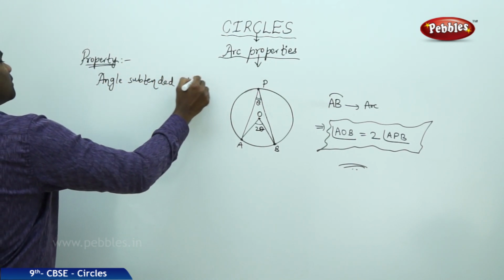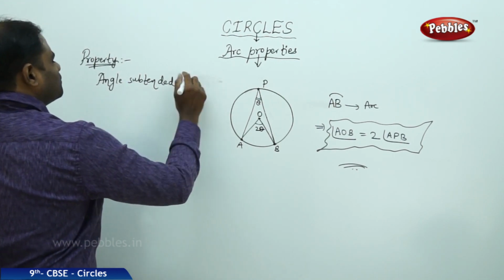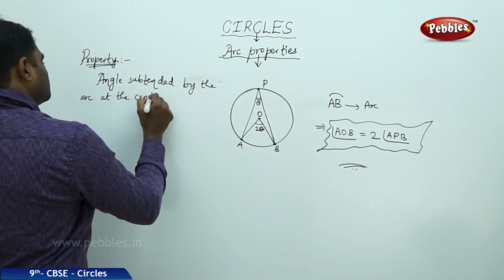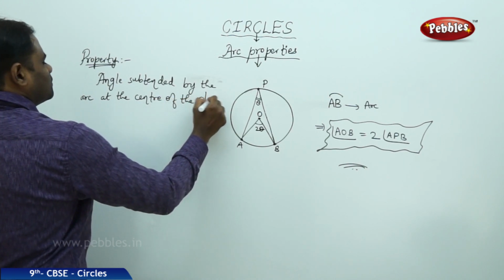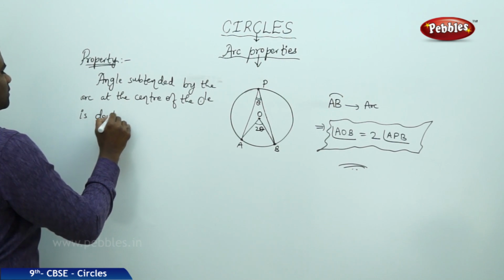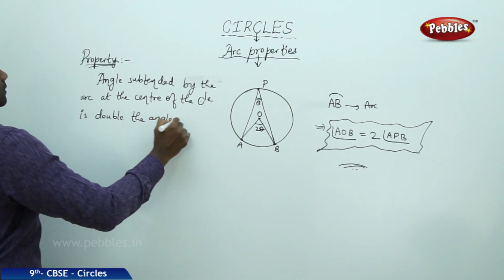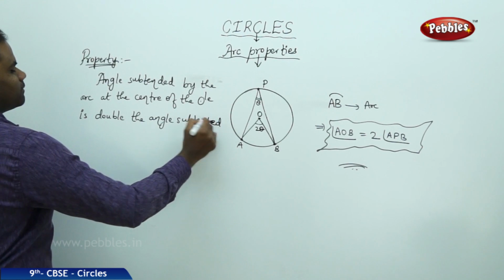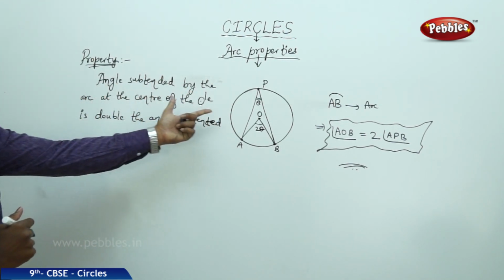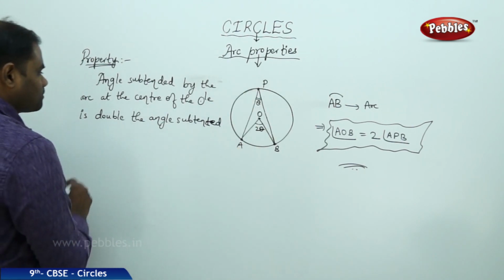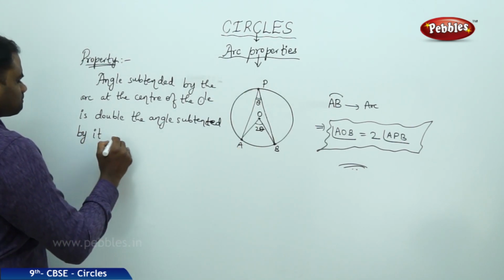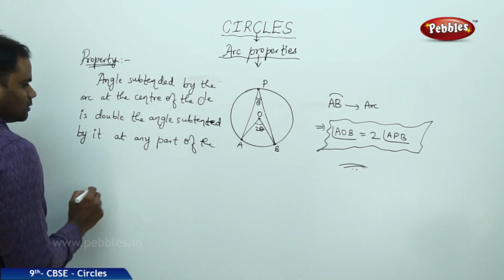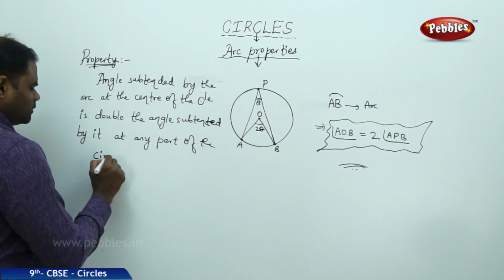The angle subtended by the arc at the center of the circle is double the angle subtended by it at any part of the circle.